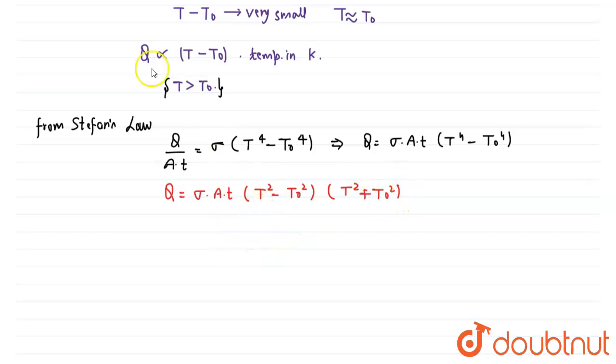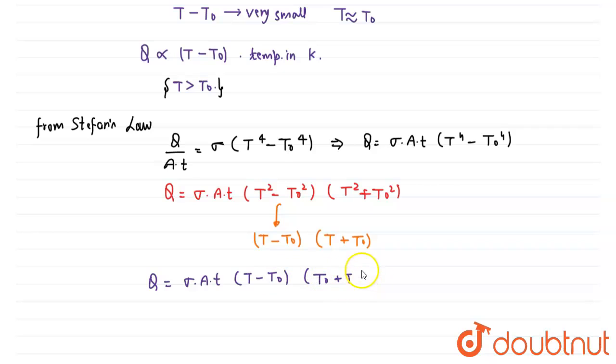This T is approximately T naught, and T square minus T naught square may be written as T minus T naught, applying the formula a square minus b square, into T plus T naught. So putting all the values in the equation, you will get Q is equal to sigma A t into T minus T naught, into T plus T naught, into T square plus T naught square.